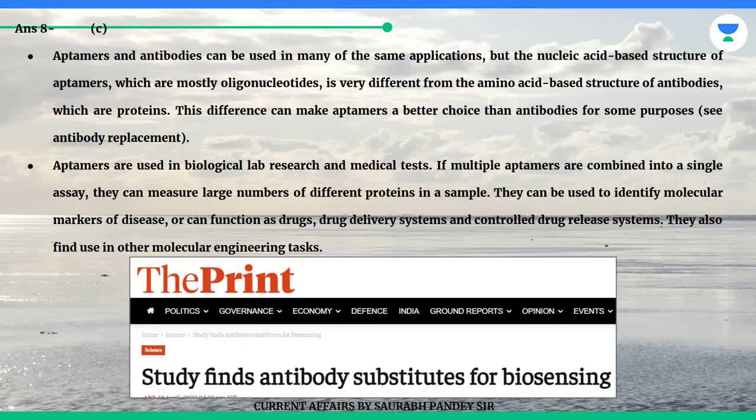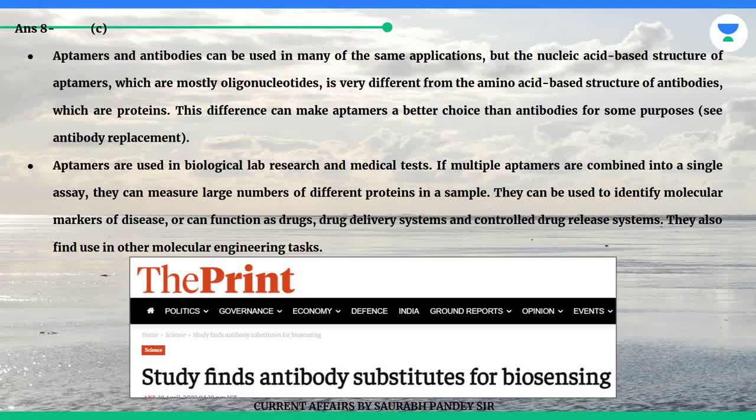The answer is C. Aptamers and antibodies can be used in many of the same applications, but the nucleic acid-based structure of aptamers, which are mostly oligonucleotides, is very different from the amino acid-based structure of antibodies, which are proteins. This difference can make aptamers a better choice than antibodies for some purposes. See antibody replacement.